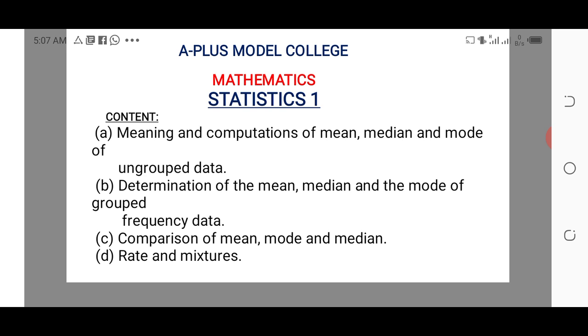Before now, in our JSS class, we were familiar with solving little problems of statistics, and we were told that statistics mainly deals with the collection, analysis, and presentation of data.